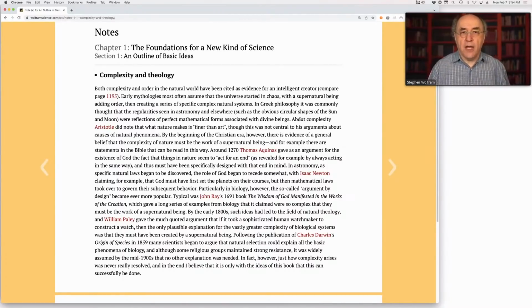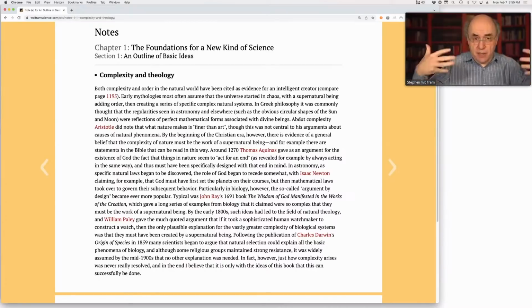And so then the question was, well, what other mechanism could there be? And that's why natural selection and Darwin's Origin of Species from 1859 was important, as providing some idea of what an alternative mechanism might be to lead progressively to complexity.